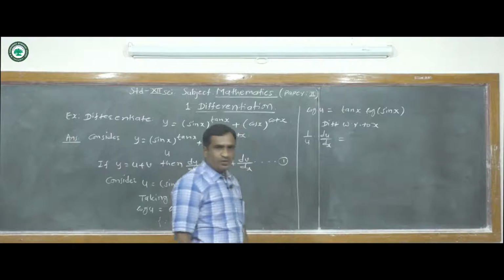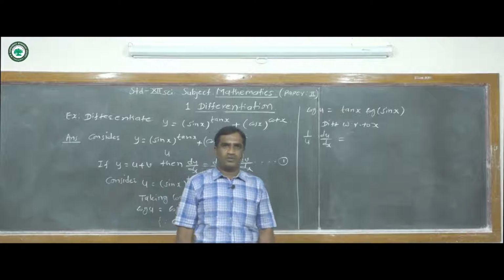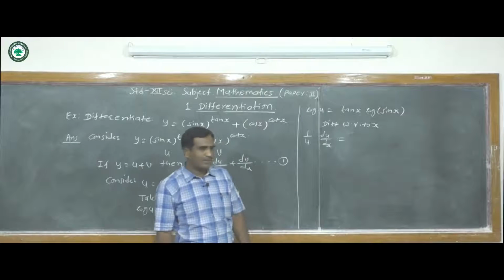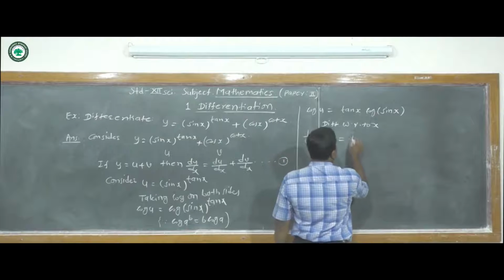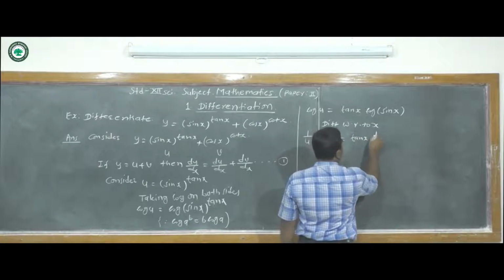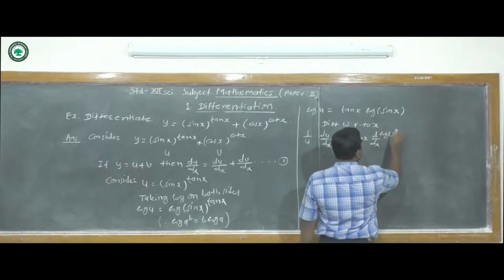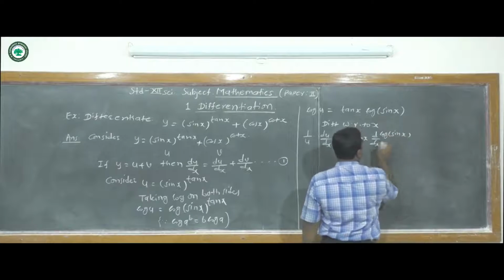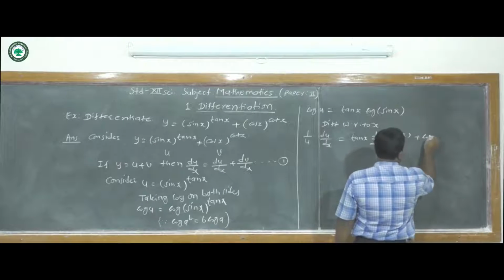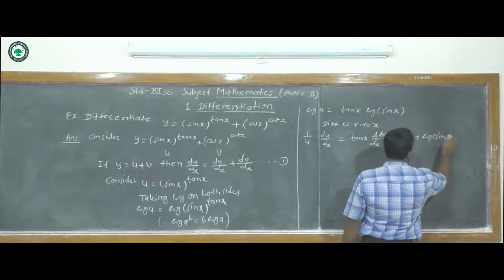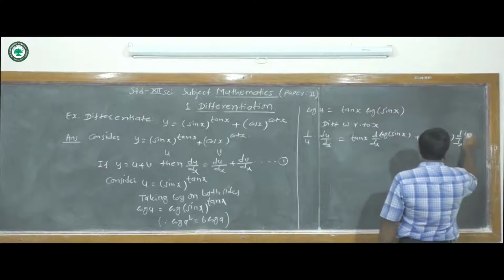If y is equal to u into v, then dy by dx is equal to u into dv by dx plus v into du by dx. Using this rule we can write here tan x as it is into the derivative of the second function log of sin x, plus log of sin x as it is into the derivative of the first function which is tan x.